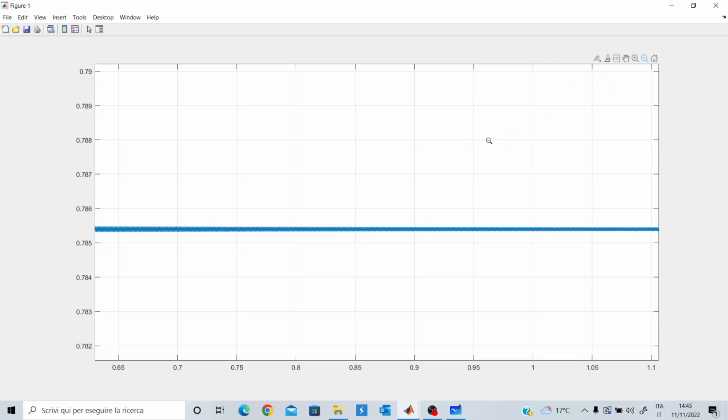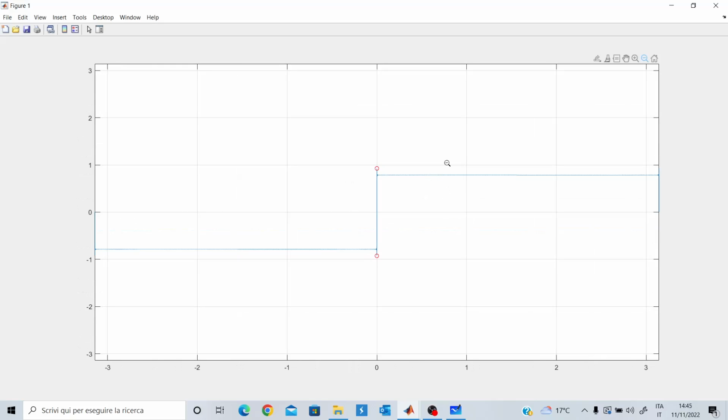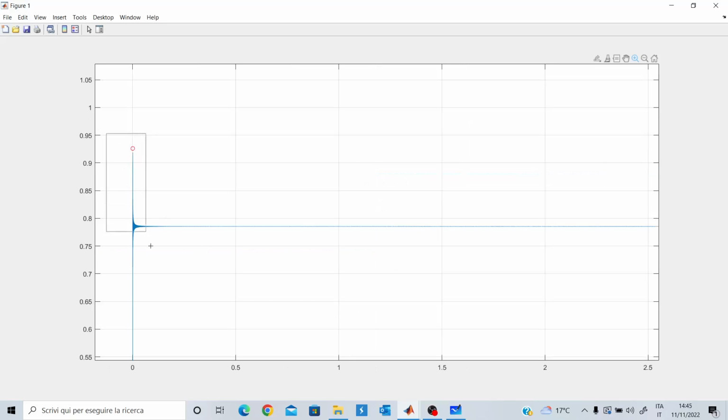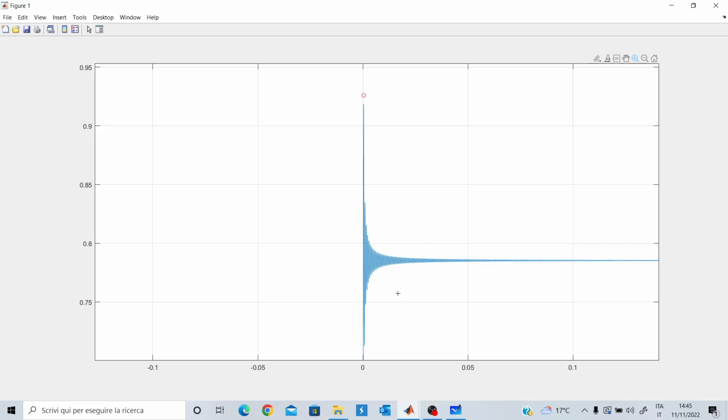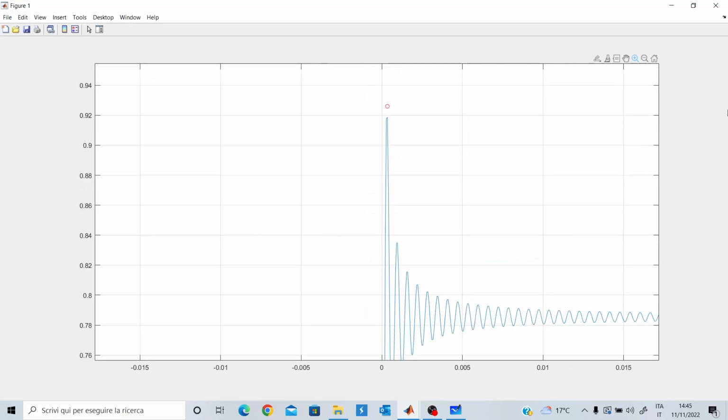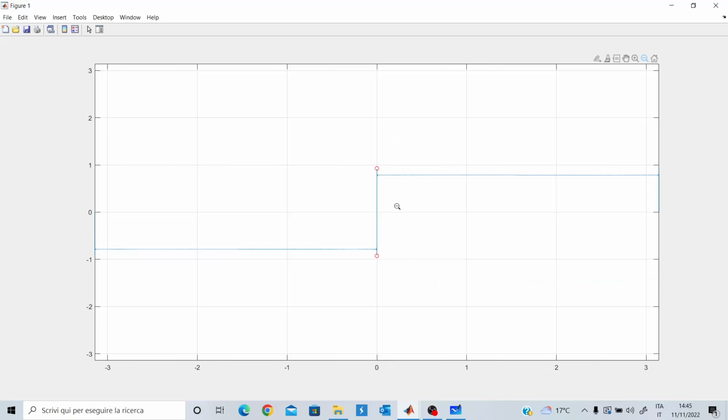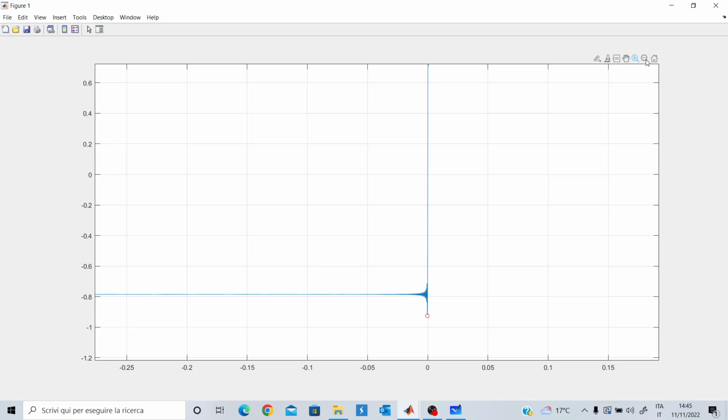We can conclude that as n goes to infinity, the function will be approximated perfectly by the Fourier series, but at the same time, near the point x equal to 0, we still have an overshoot. This will not be eliminated even if n goes to infinity. So that's the interesting aspect of Fourier series. And the function will be equal to 0 when x equal to 0.